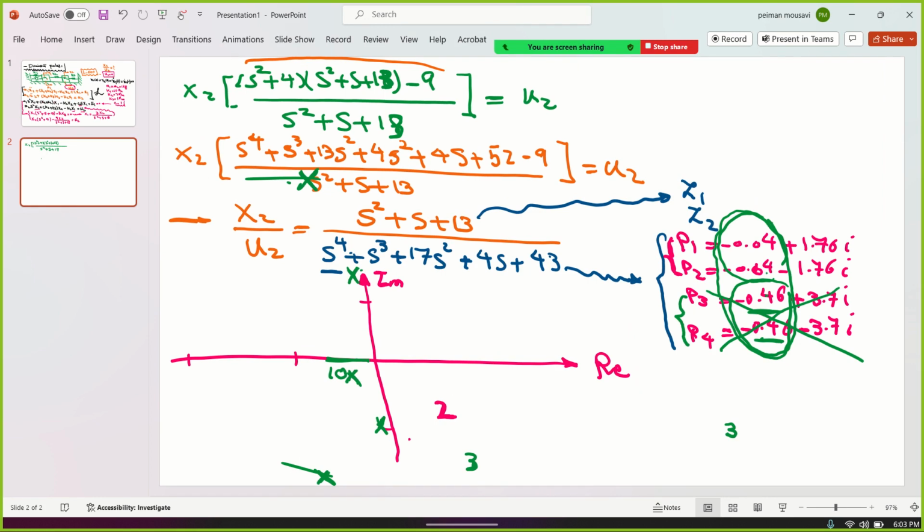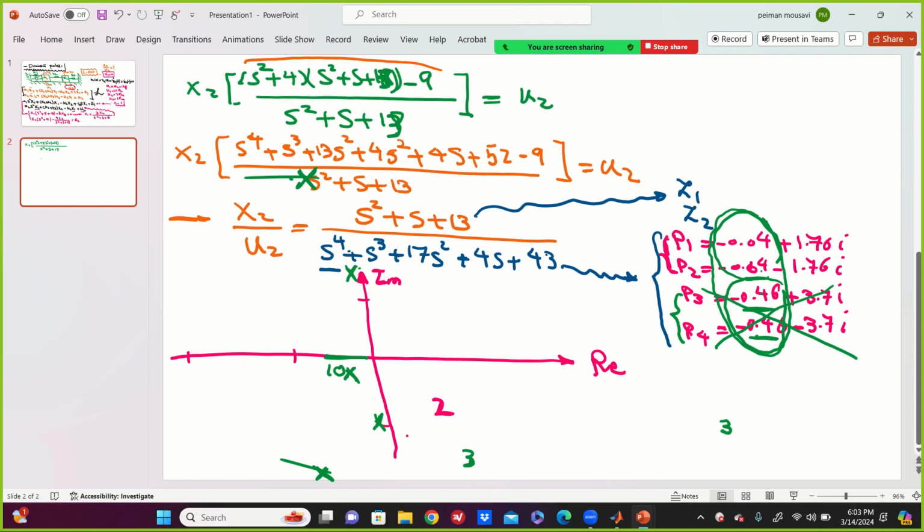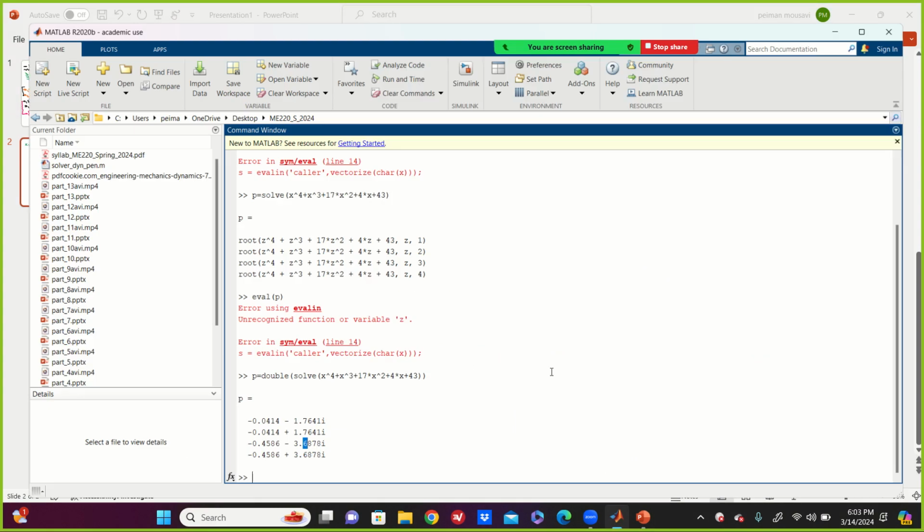Suppose that you have a 6-order system. Let me go to MATLAB, and it's going to help us in designing a PID controller.